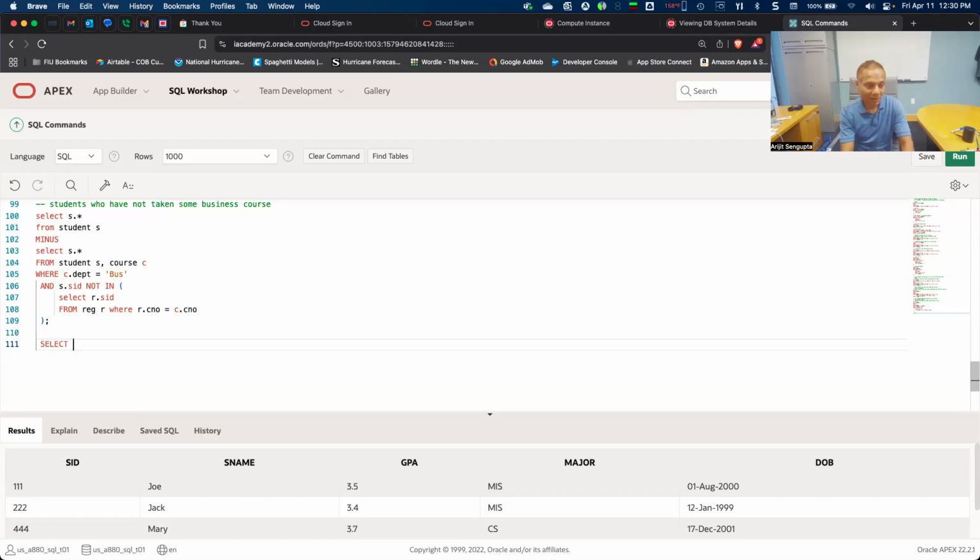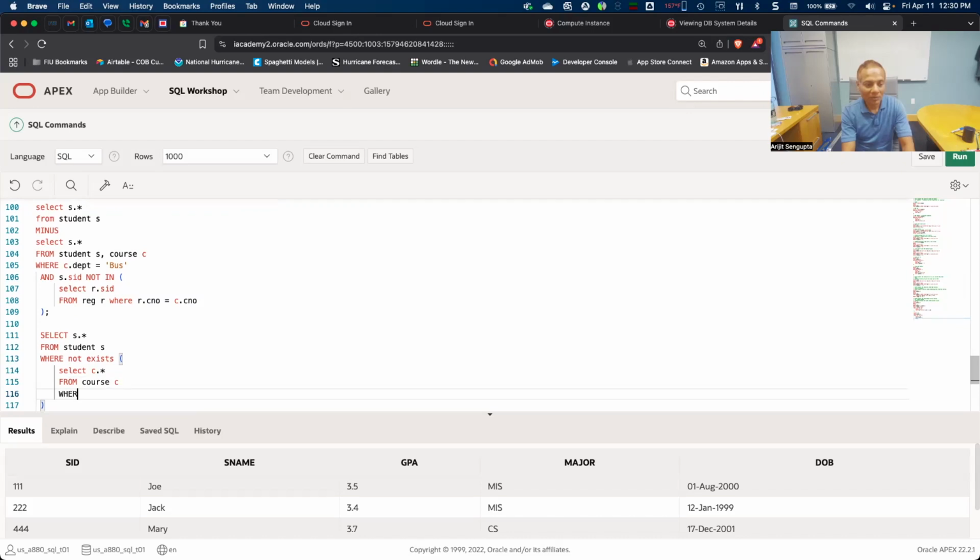Select star from student S where not exists, select C.star from course C where C.department equals business, and not exists. That's where the second not exists comes in.